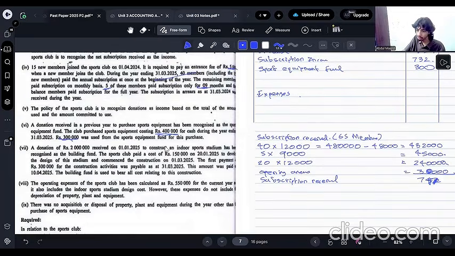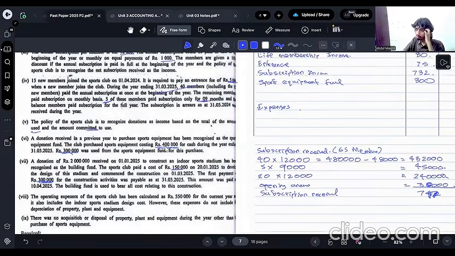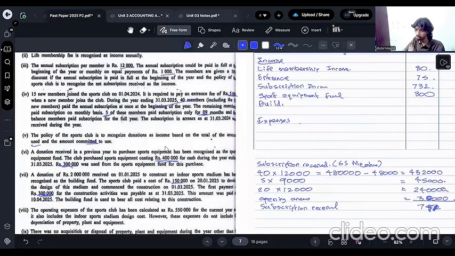So the used amount for the design is 150,000. The committed cost is 300. You have to pay that. The policy is to recognize the income based on the amount used and amount committed to use. So 300 plus 150 out of the building fund, you have to recognize totally 450 as income.